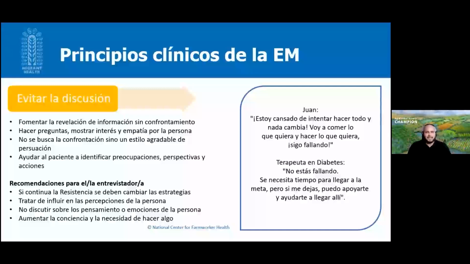We need to help them understand that there are problems and that something needs to be done. Here is this diabetes or this pre-diabetes, and if certain things don't change, this might turn into this other condition. So we need to work with them little by little.